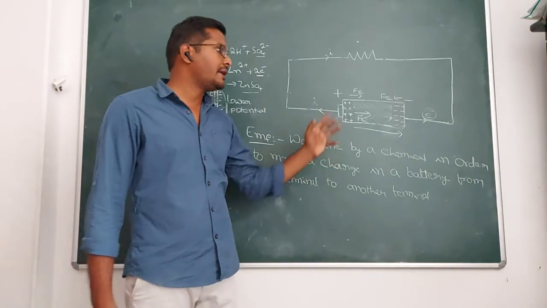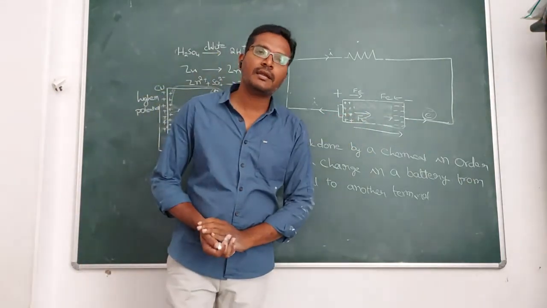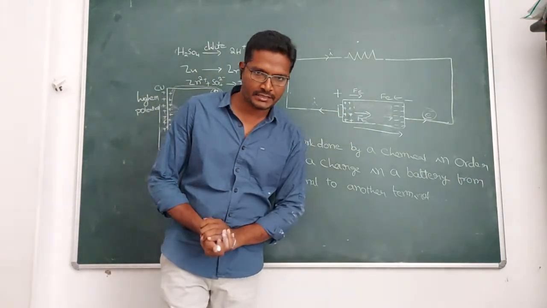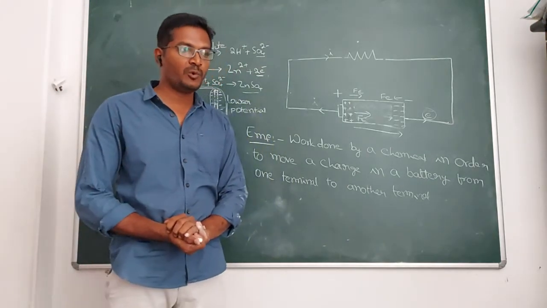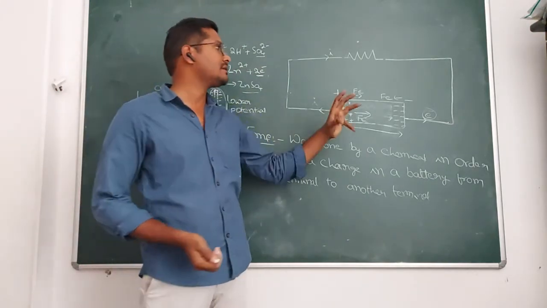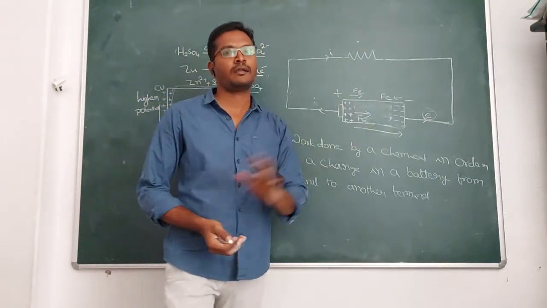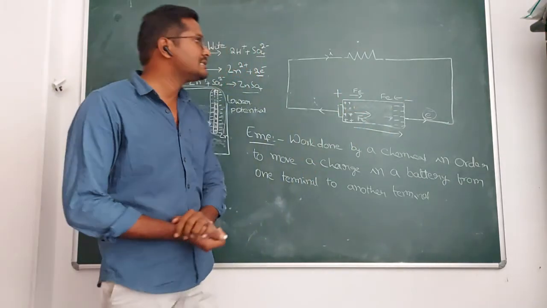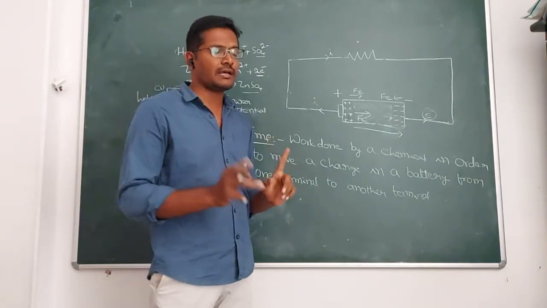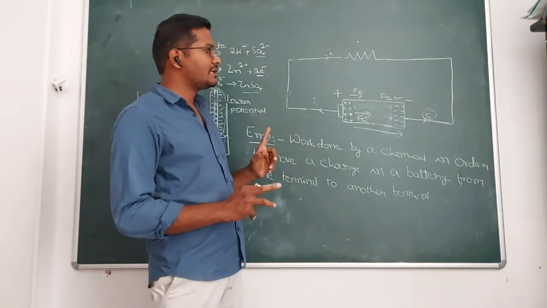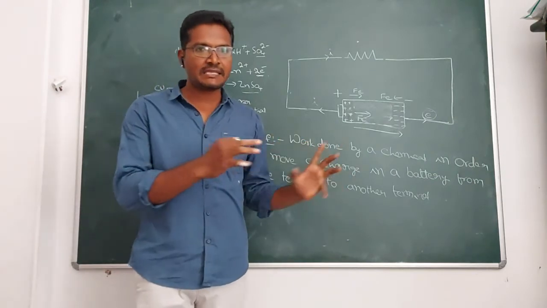So that remaining energy is said to be the terminal voltage. Now you understood what the EMF is and what the terminal voltage is, and how the electrons are moving inside a conductor. Okay, so this is the construction of the cell, which is very simple if you understand the concept. It is a very simple language.